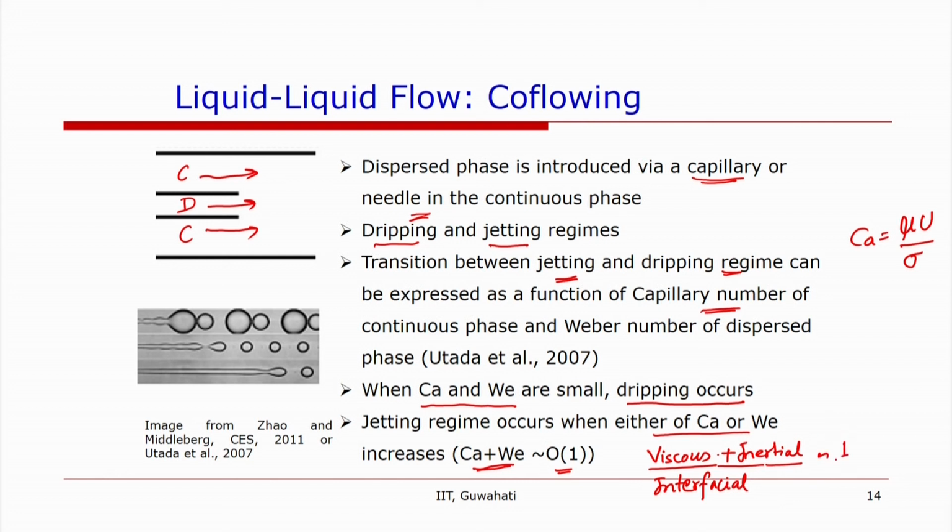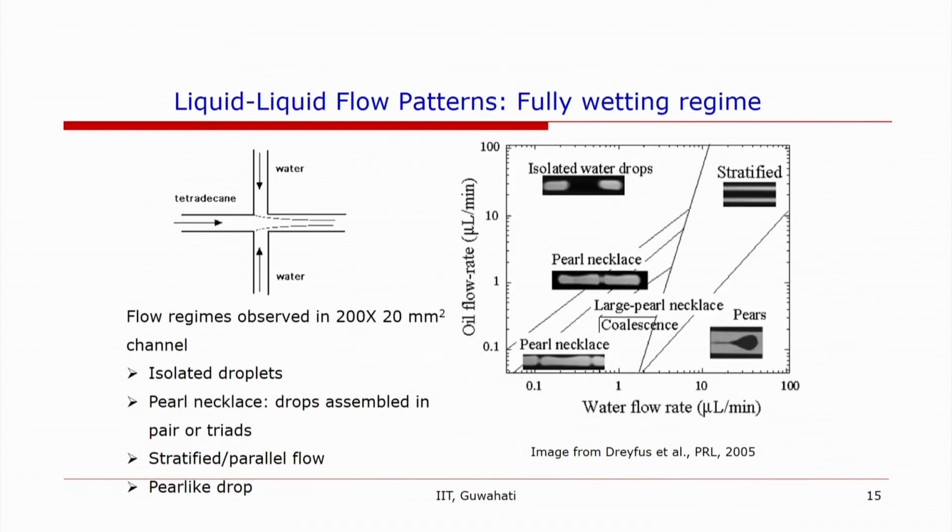When this becomes order of 1, that is, when the viscous and inertial forces are equivalent to the interfacial forces, then the jetting regime takes over. At lower velocities, the inertia will be negligible, and the interfacial forces will dominate over the viscous forces.